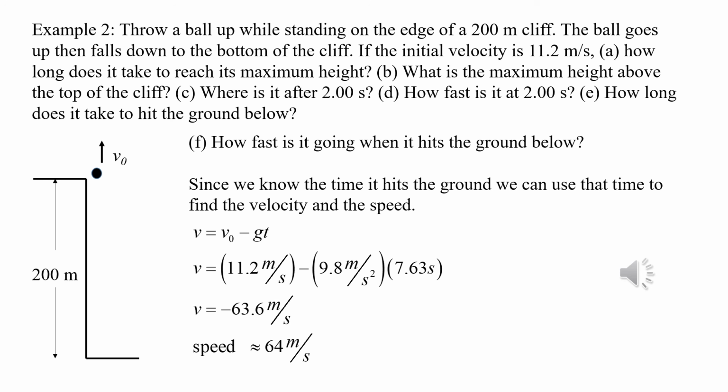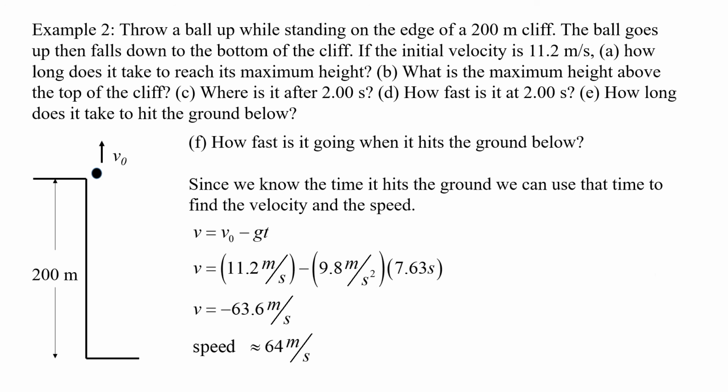And we get the velocity equals minus 63.6 meters per second, or the speed then is about 64 meters per second. Again, the negative sign tells us that it's traveling downward, but speed is only how fast without the direction. So the speed then is 64 meters per second after rounding it to 2 significant digits.